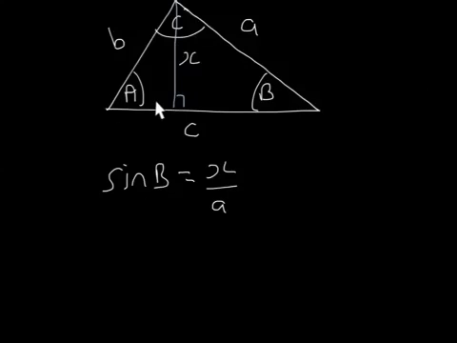Now let's consider this triangle here. The sine of A is x divided by b.